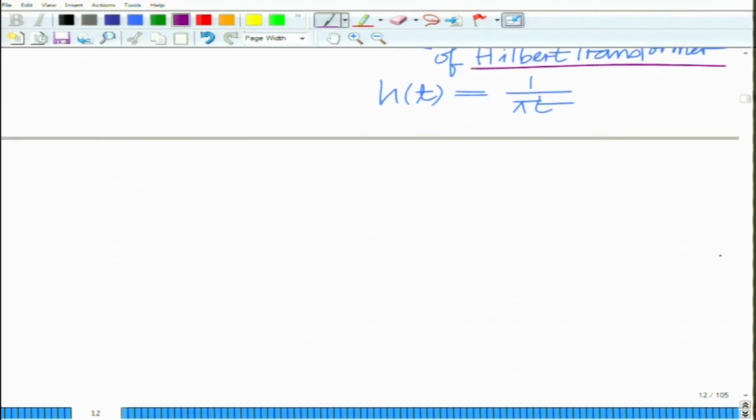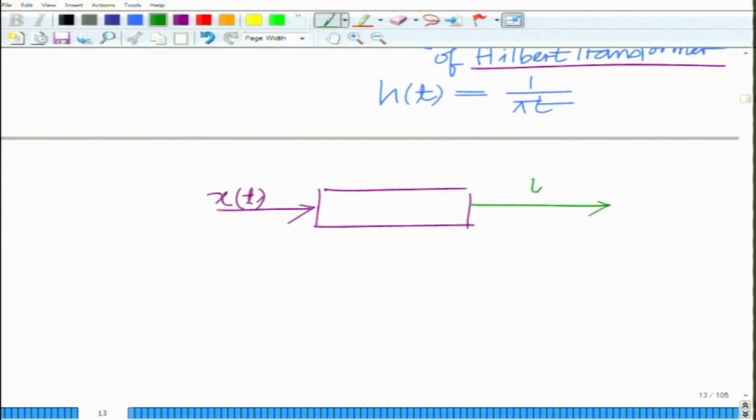Now, if I represent this as a system, I would have the input signal x of t and the output signal y of t, and the impulse response is 1 over pi t.